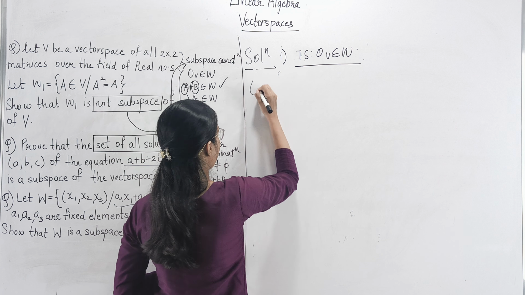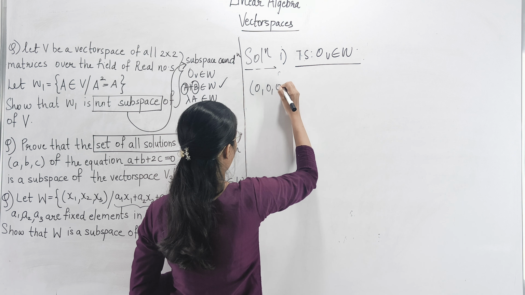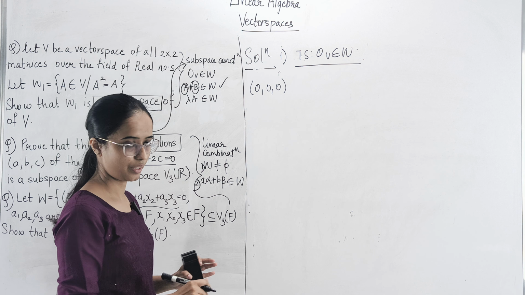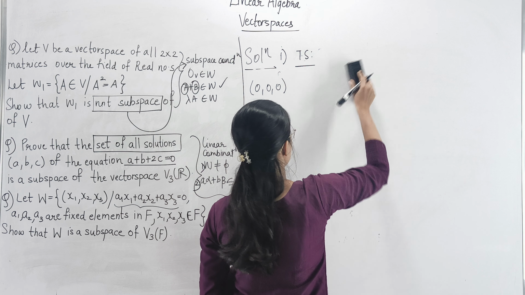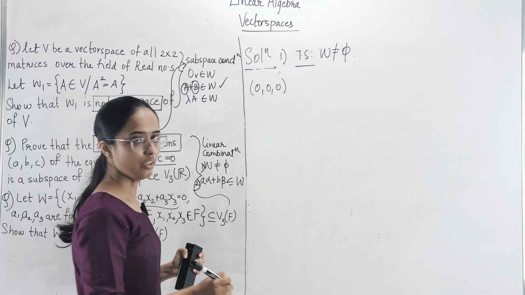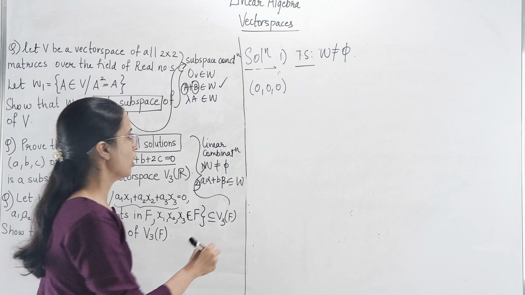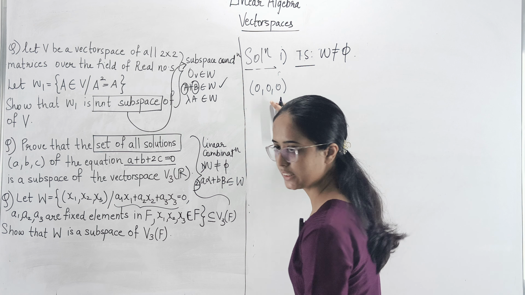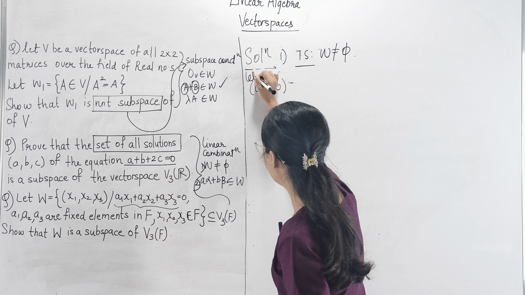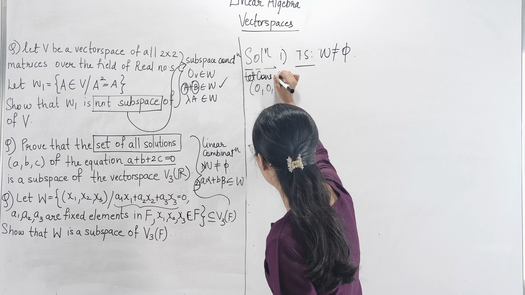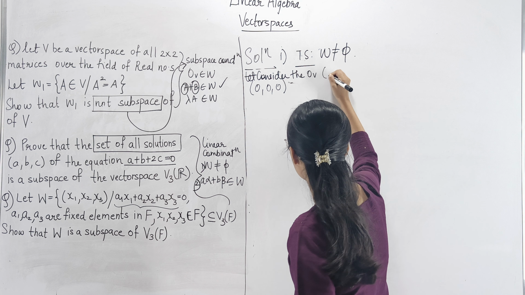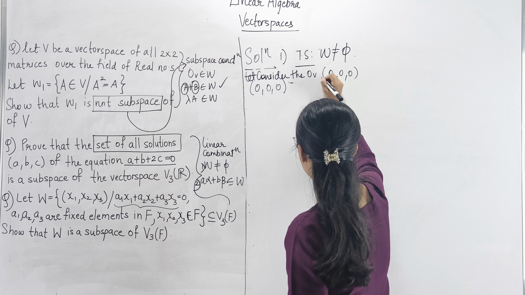Now if I take 0, 0 and 0, you have to show that W is non-empty, and in order to show that W is non-empty, you are going to show that the zero vector belongs to W. So अगर मैं zeros लेती हूँ, zero का tuple लेती हूँ, so I would say consider the zero vector 0, 0, 0.